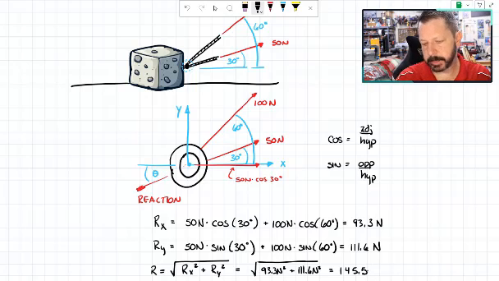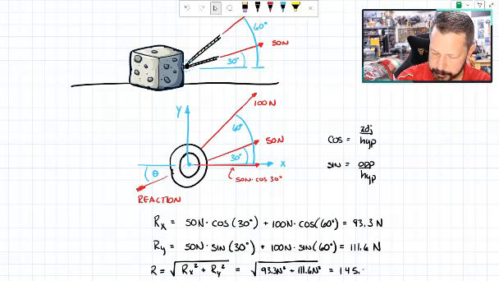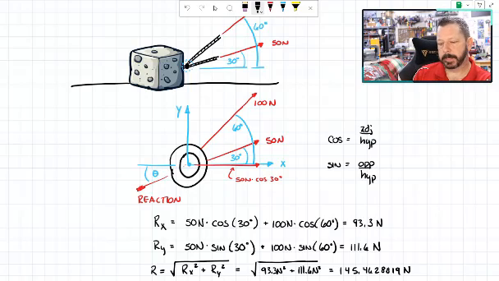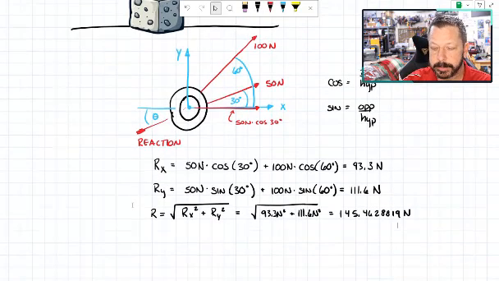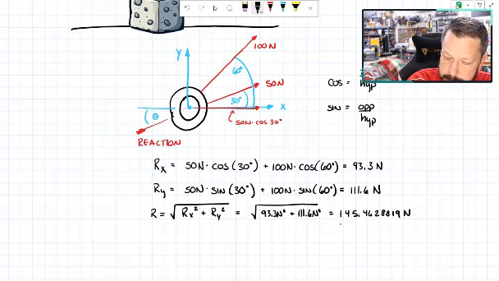145.46. Oh, this brings up a point. The actual answer in my calculator is 145.4628819 newtons. Clearly that's too many decimal points, so you have to decide where to cut off the decimal points.